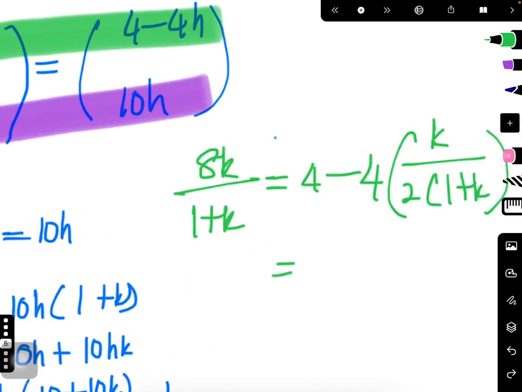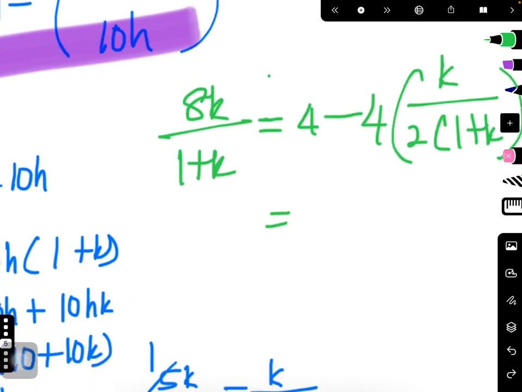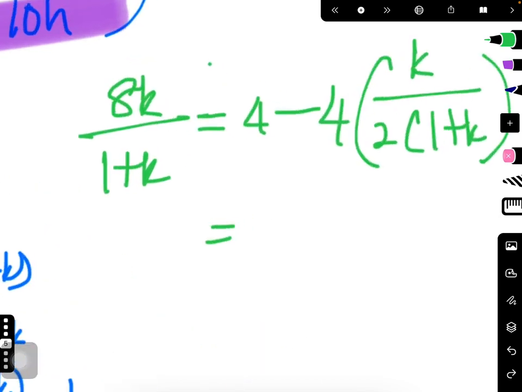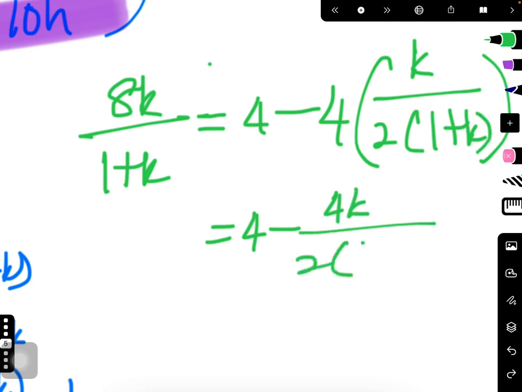Okay, so we just multiply it like before. 4k over 2 times 1 plus k, 8k over 1.